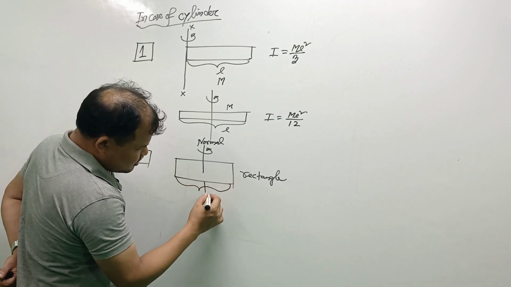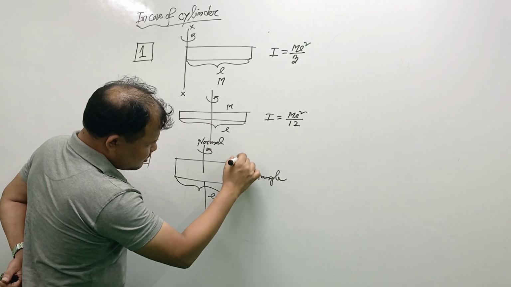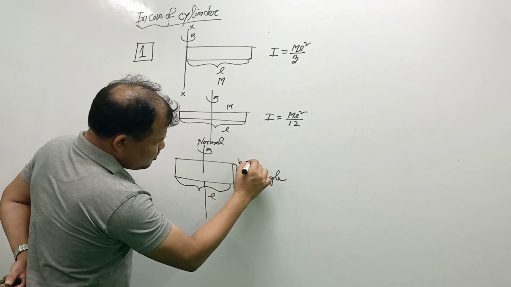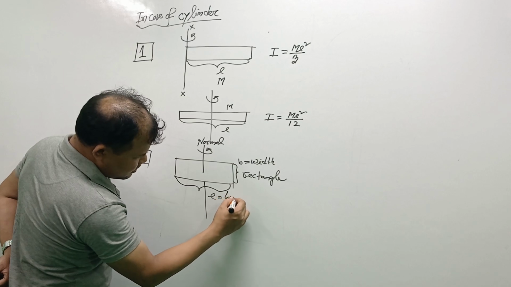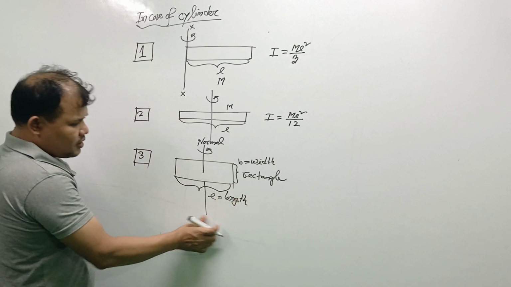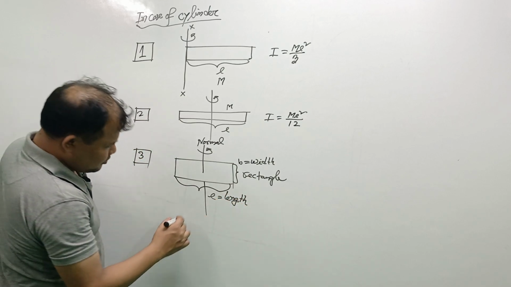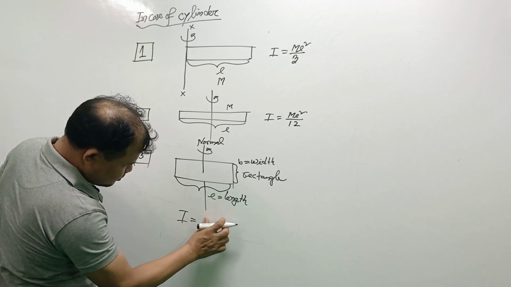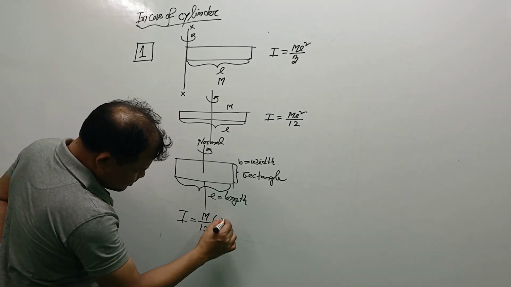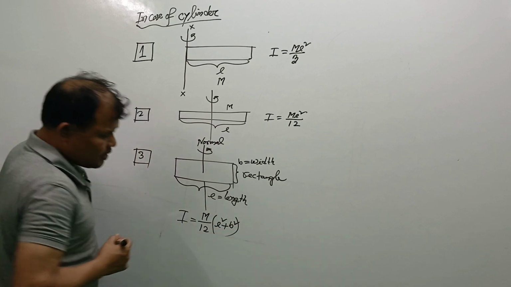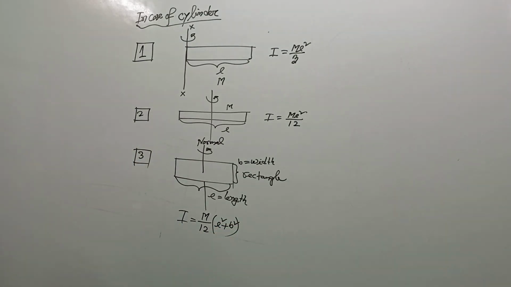Suppose this is L and this is B. B is the width, L is the length. In this case the moment of inertia will be I equal to M divided by 12 times L square plus B square. In our previous lectures we already learned this.